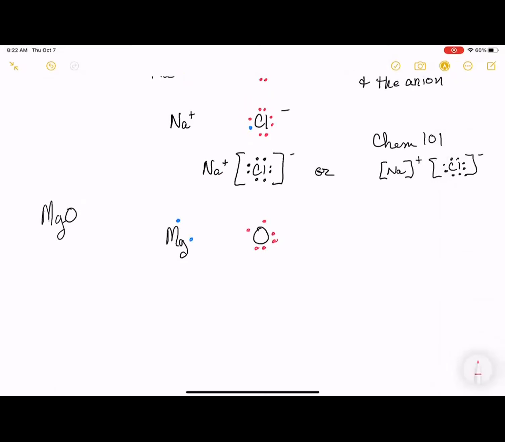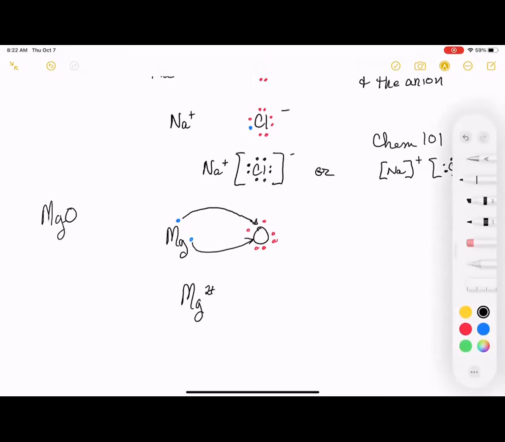And so we represent their valence electrons with dots. Now, since we are dealing with an ionic compound, the magnesium is going to transfer its electrons to fill the open spaces on oxygen. So you wind up with Mg2 plus because you have lost 2 electrons.